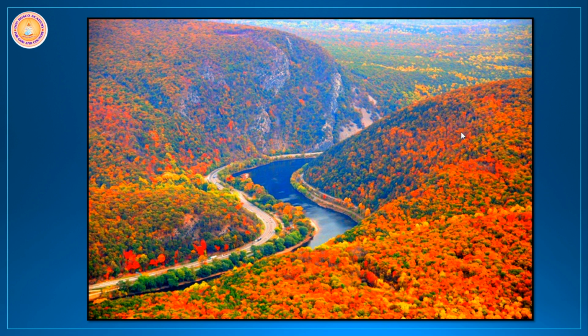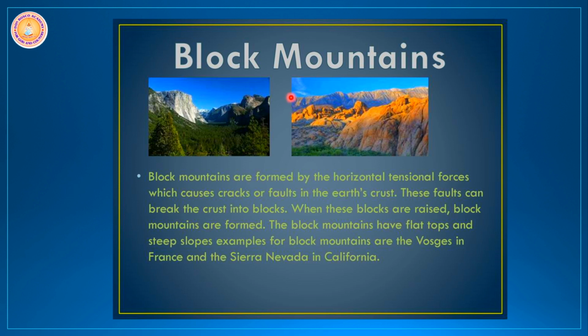Next we come to the topic, which is block mountains. Now, block mountains are formed by horizontal tensional forces which cause cracks or faults on the Earth's crust.